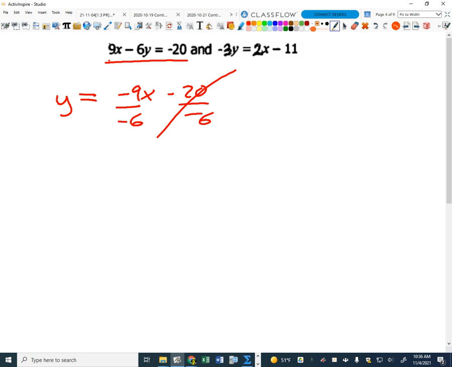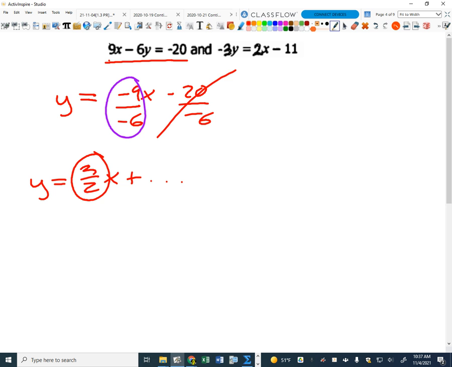So what's the slope going to be then? If I combine those, what's negative 9 over negative 6? 3 over 2. Good. So we're going to get y equals 3/2 x plus, we don't even care, right? There's our slope. Okay, give me thumbs up, down, sideways. How are we doing?